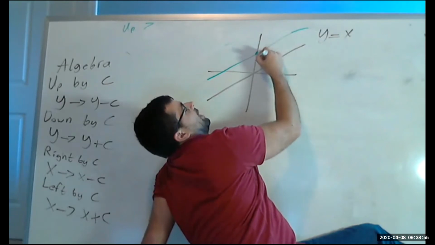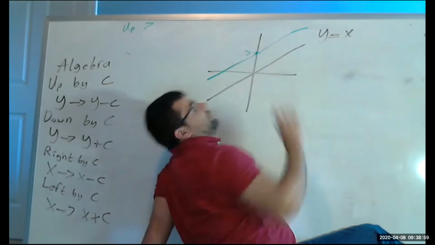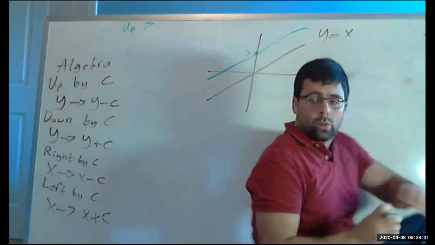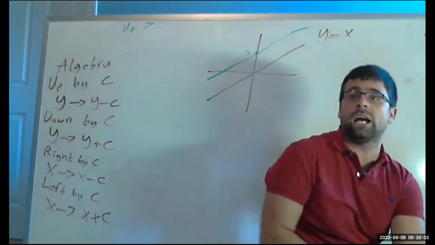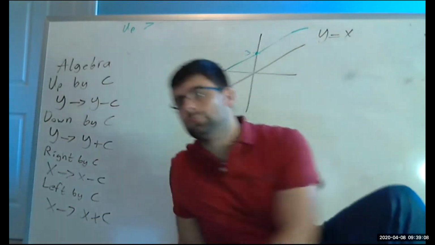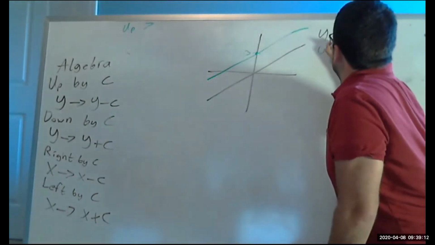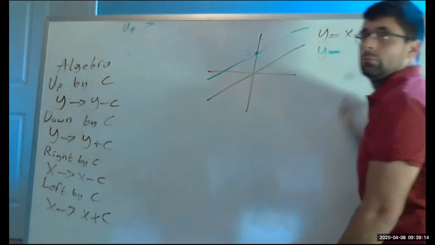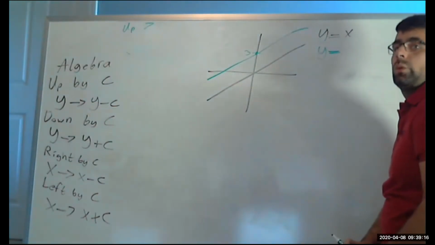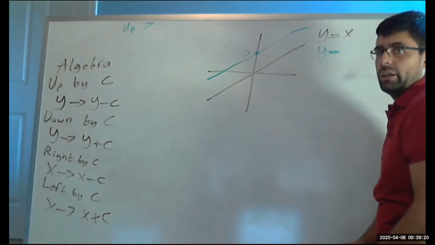And let's say we moved it up by 3. What is the equation for this green line? So what's the slope of the green line if it's parallel to the black one?